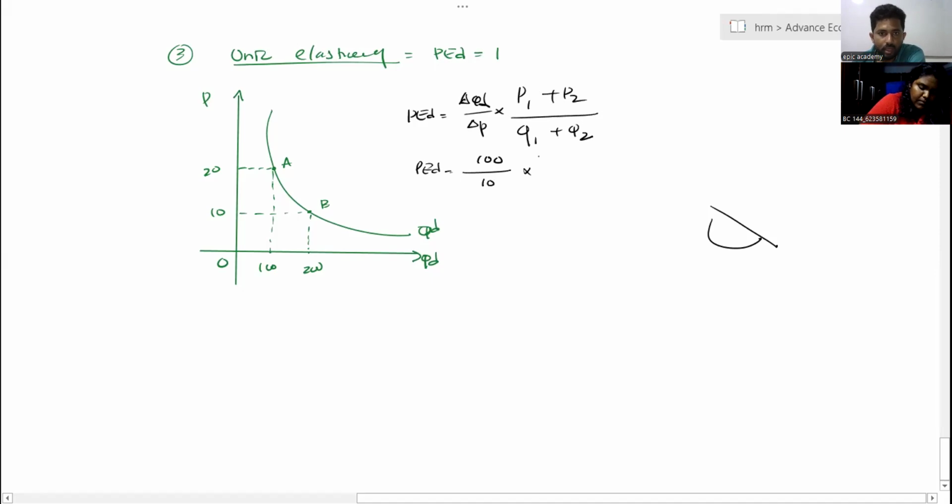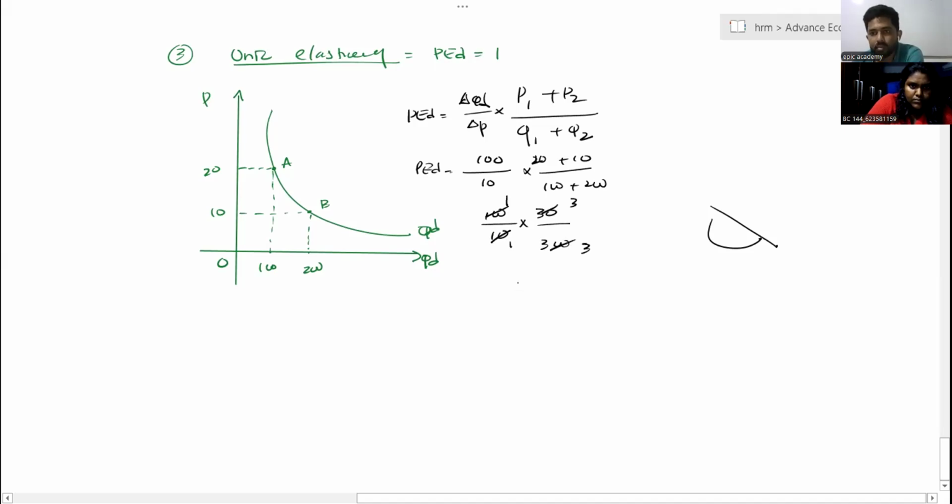P1 is 20 rupees and P2 is 10 rupees; Q1 is 100 and Q2 is 200. So that means 100 divided by 10, multiplied by 30 and 300. So 1 and 3, 1 and 3.